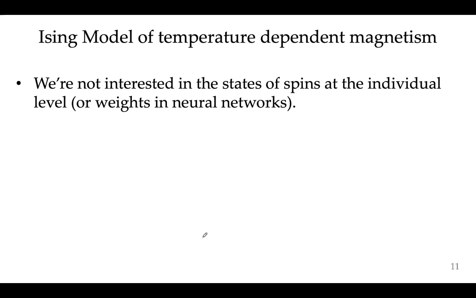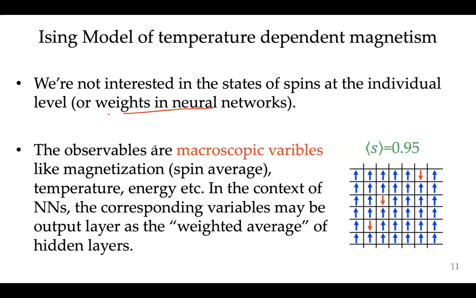We are not interested in the states of the spins at the individual level. We are not really interested in the position of each spin, just like we are not interested in the particular weights in neural networks. The observables are macroscopic variables, not the spins themselves, but the aggregate situation, like magnetization or the spin average that we calculated before.